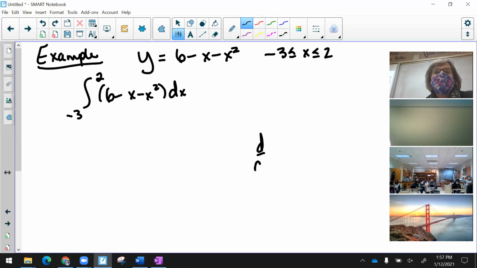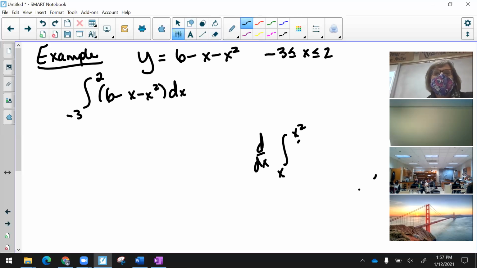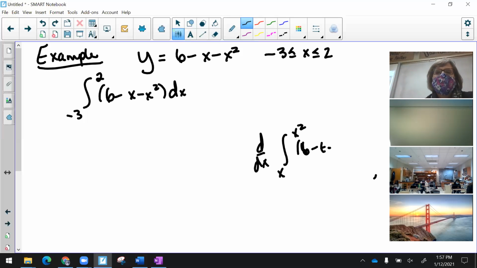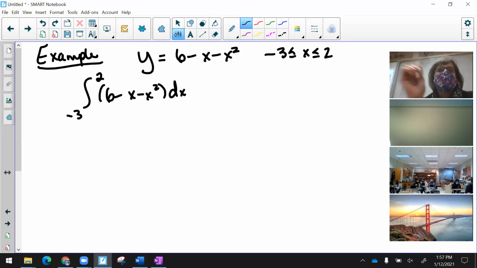If I was taking the derivative of the integral from x to x squared of 6 minus t minus t squared dt, that's when I would have to find a constant in the middle and break it up, okay? But not here. Here I just have a definite integral, okay?